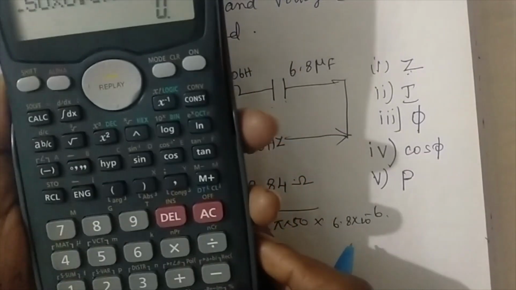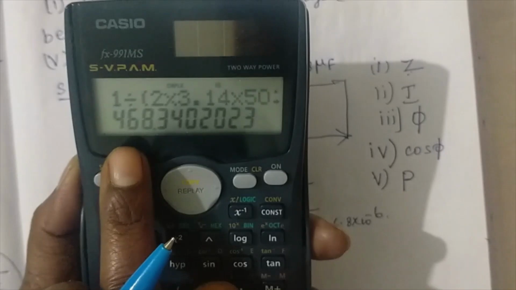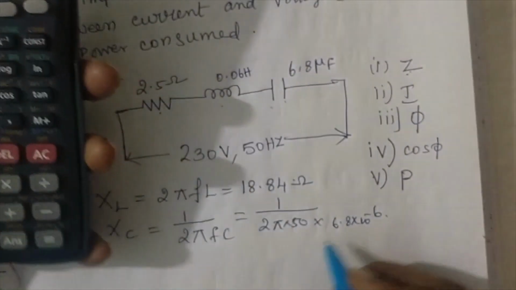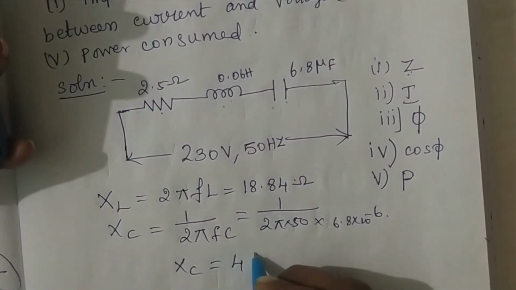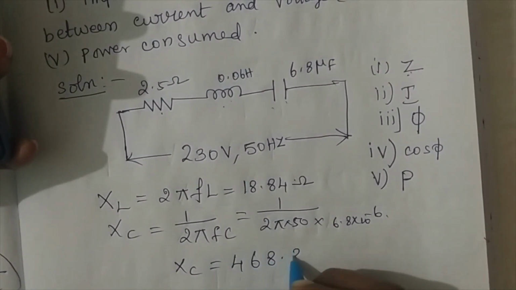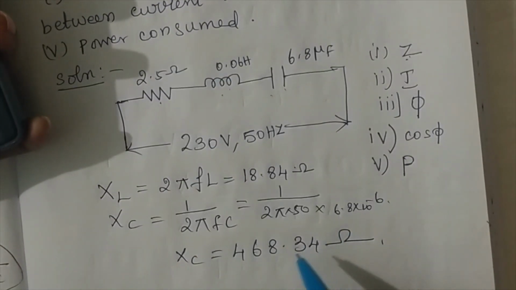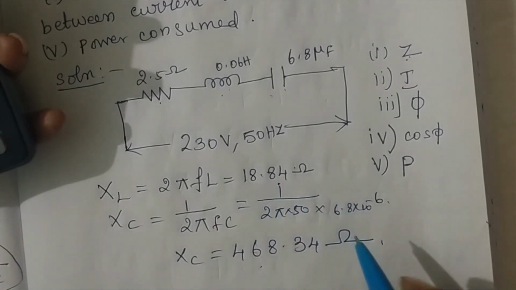Now equal to symbol. You have to see the answer, 468.34. Okay, so the XC value is 468.34 ohm. Now compared to XC, the XL value is less, right?